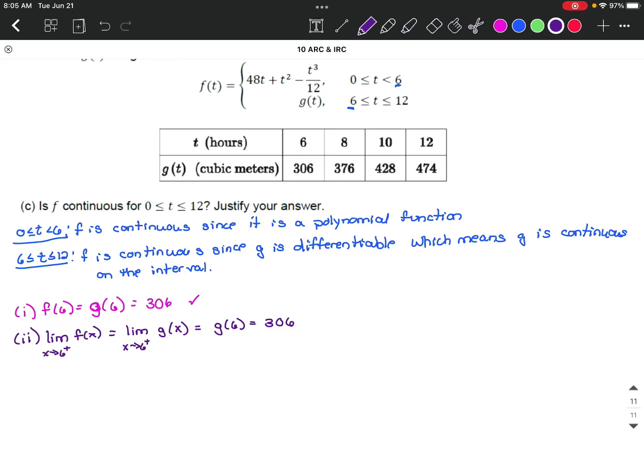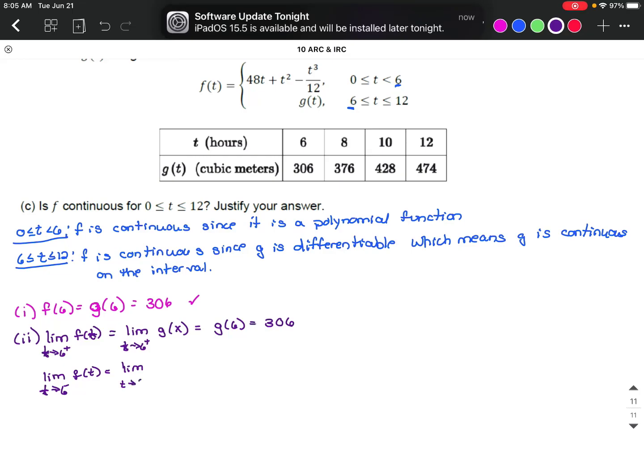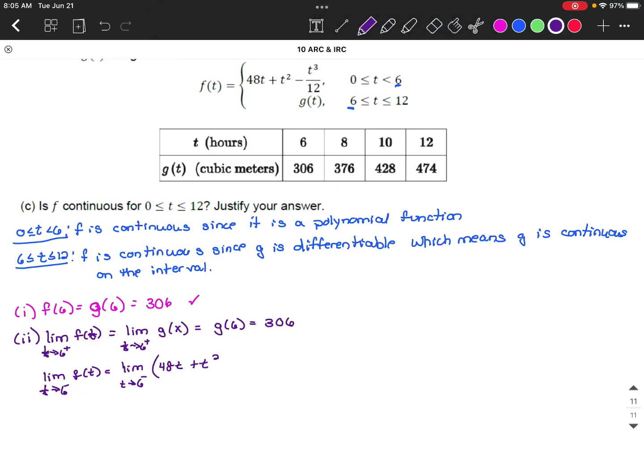Now, if we do the limit as t heads to 6 from the left of f of t, that is the limit as t heads to 6 from the left of the top piece of the function, 48t plus t squared minus t cubed over 12, which is going to be 48 times 6 plus 6 squared minus 6 cubed over 12.